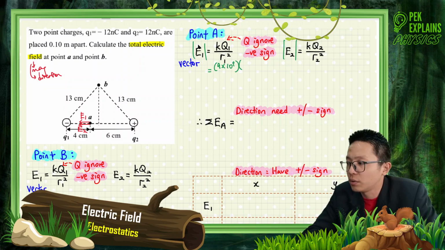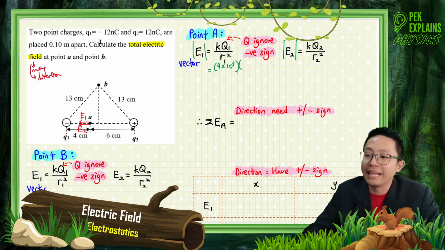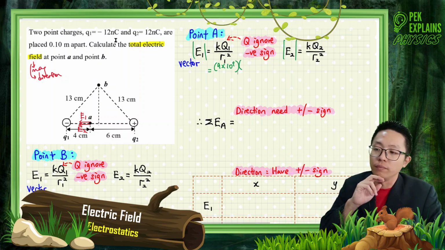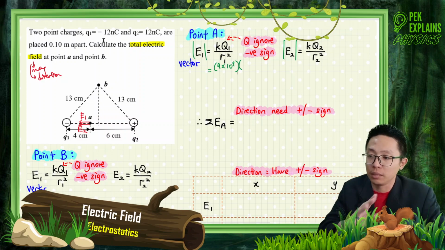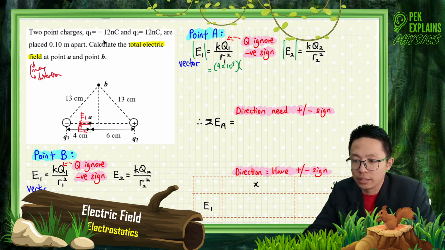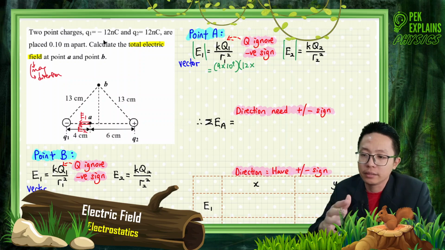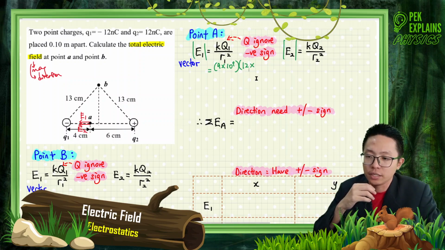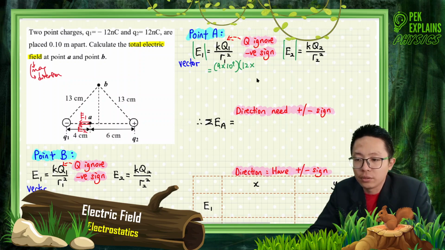And then charge 1, what is charge 1? Charge 1 is negative 12 nanocoulomb. So the negative sign can be ignored. For vectors, the charge, you just ignore the negative sign. Nano is exponent negative 9.